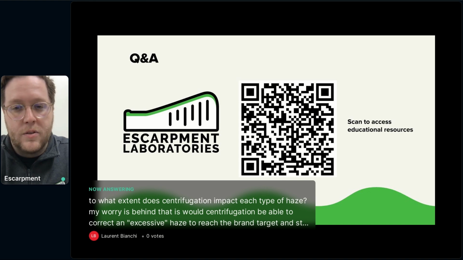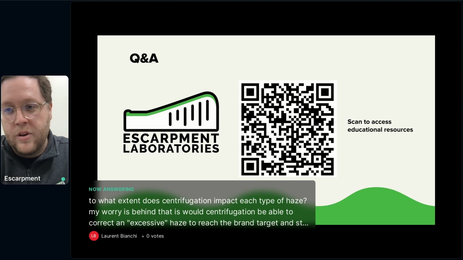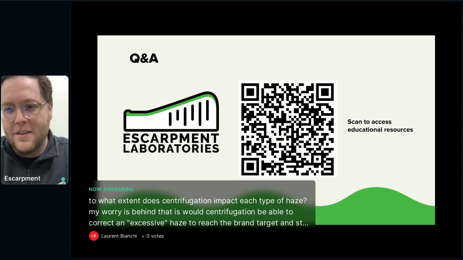Some centrifuges you can even set the output turbidity. Some of them have turbidity meters on them, which is another awesome way to basically dial in your haze. So if you have a centrifuge, it's an incredible tool for achieving consistency with haze.